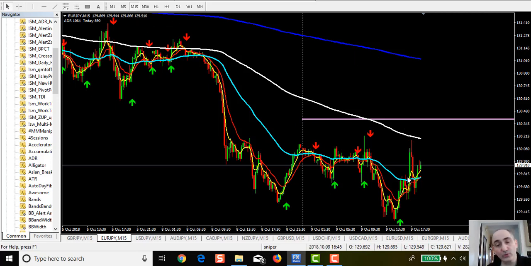I would look to short it. I would look to primarily short it, but I would first look for the move back and then to short it.